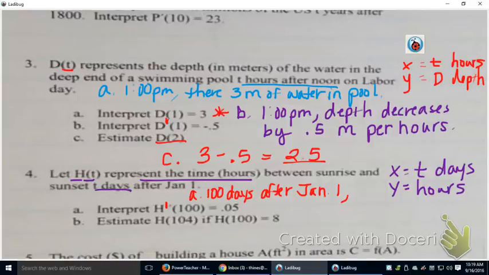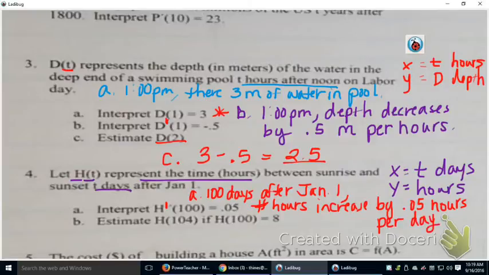So 100 days after January 1st, the number of hours, which is the Y, increases, since we have a positive, by 0.05. The Y units are hours, so it's hours per day. So every day, sunrise and sunset's getting just a little bit longer, and that makes sense because it's getting ready to be spring, and our days will start getting longer again.